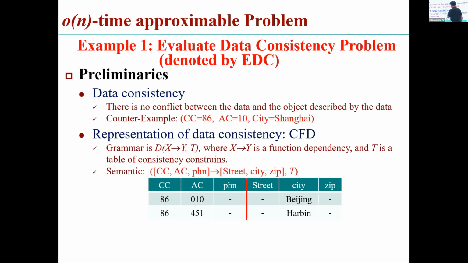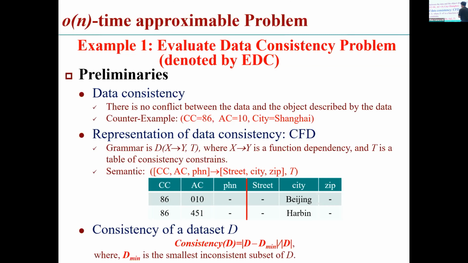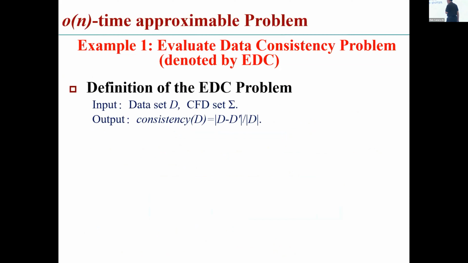So the consistency of a data set D, the data model is consistency(D) equals (|D| minus |D_min|) divided by |D|, where D_min is the smallest inconsistent subset of D. Okay, now we can give the definition of the problem.